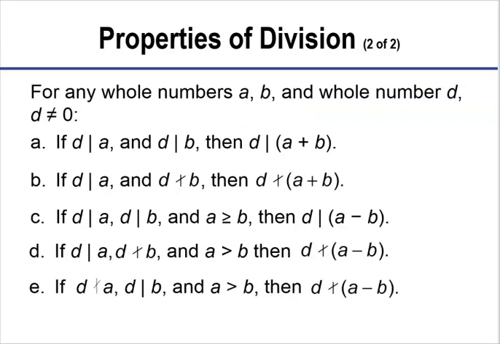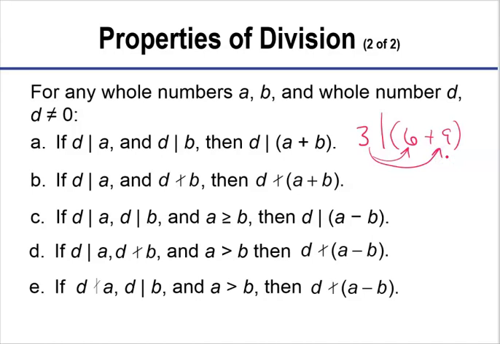Let's continue with our properties of division, and in the previous examples, we actually used some of these, prematurely, I know. So it says if d divides a and d divides b, then d divides the sum of them. So, for example, if I say 3 divides 6 plus 9, I know that's true because 3 divides 6 and 3 divides 9.